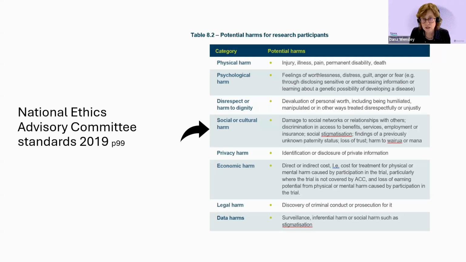There is potential damage from secondary use of data from some data sets without consent to social networks and relationships, potential for discrimination and access to benefits and services, potential for social stigmatization, and loss of trust and harm to warua or mana. So the National Ethics Advisory Committee does have some guidance on this at the moment. I suspect that that might be strengthened in the refresh of the guidelines that we'll see coming out in the next few years.